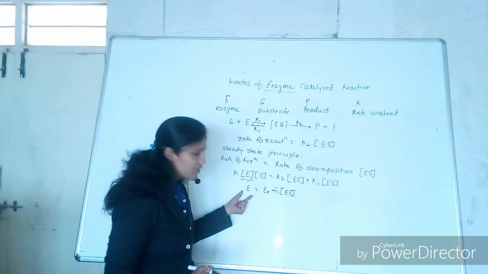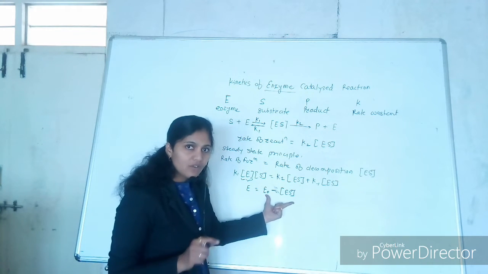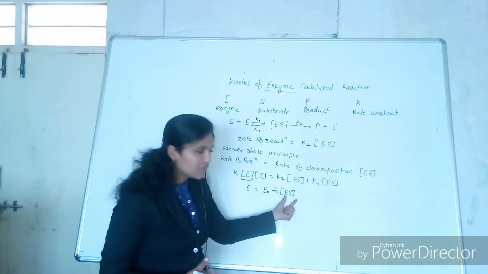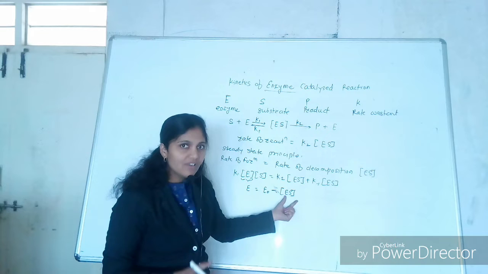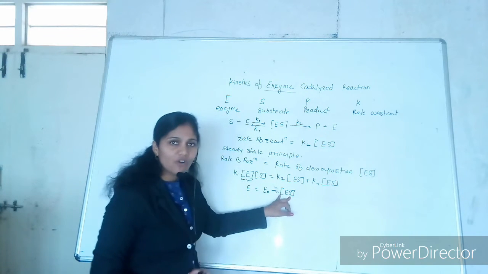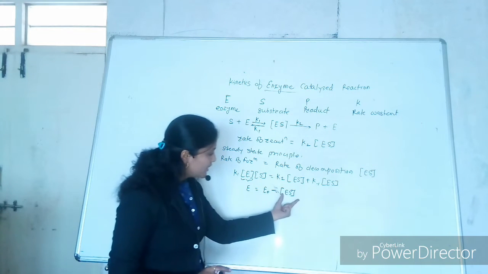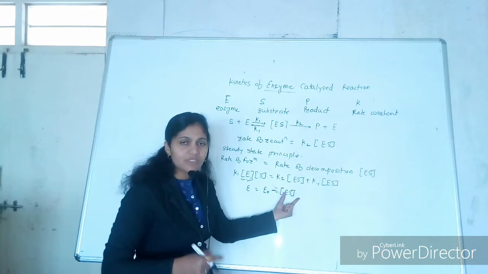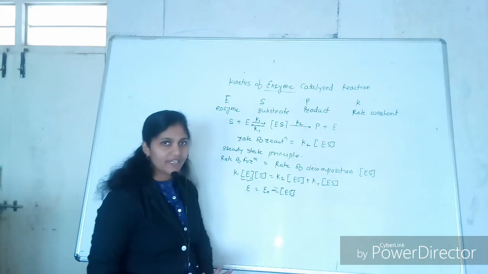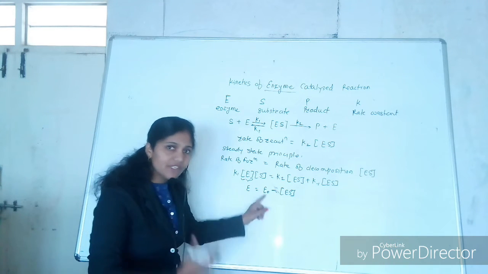Okay, the concentration of enzyme is equal to the difference between the total concentration supplied for the reaction and the amount of enzyme involved in the actual formation of enzyme substrate complex, because the amount of product formed depends on the concentration of enzyme substrate complex, meaning how much enzyme is involved in the reaction, and this is how much enzyme is supplied for the reaction.